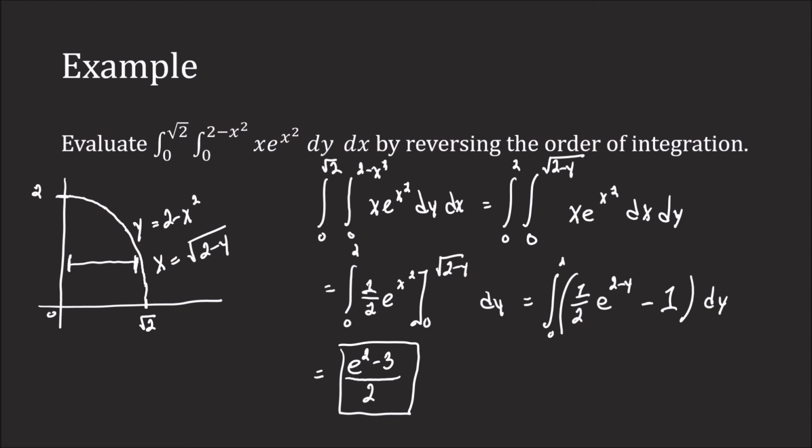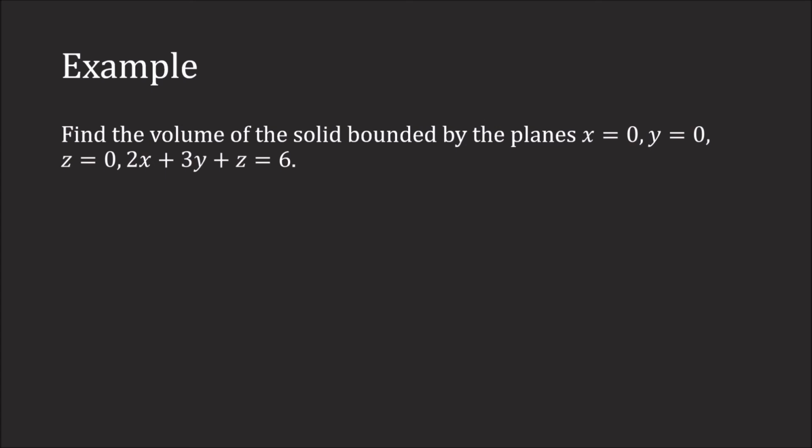We now look at some applications. So remember, a double integral is a volume. So we wish to find the volume of the solid that is bounded by the planes x equals 0, y equals 0, z equals 0, and 2x plus 3y plus z is equal to 6. Well, with z equal to 0, let's just look at the xy plane.